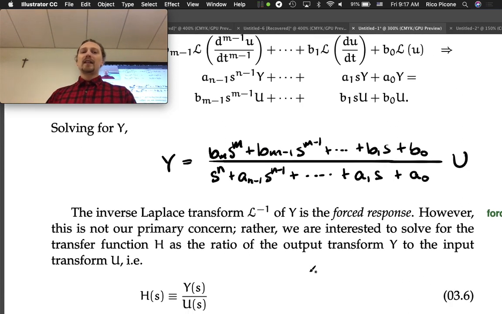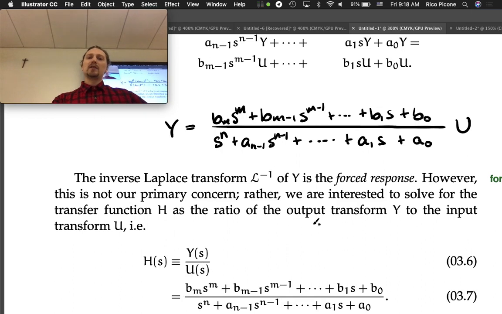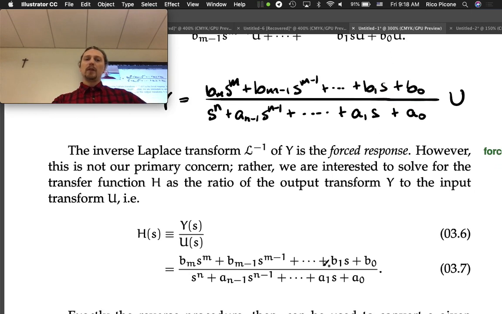Okay, however, this is not our primary concern. This is what you guys did in differential equations, though. That was the way that you solved your differential equation, is you took the inverse Laplace transform at that point. But rather, we are interested to solve for the transfer function h as the ratio of the output transform y to the input transform u.